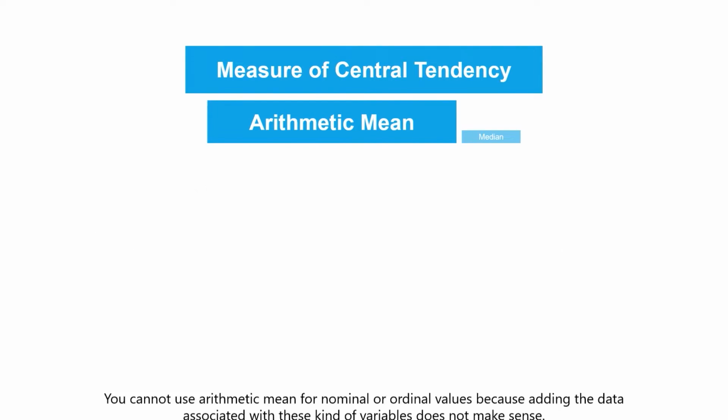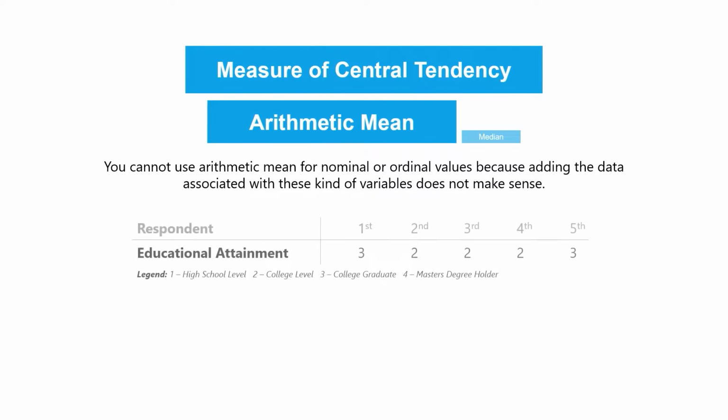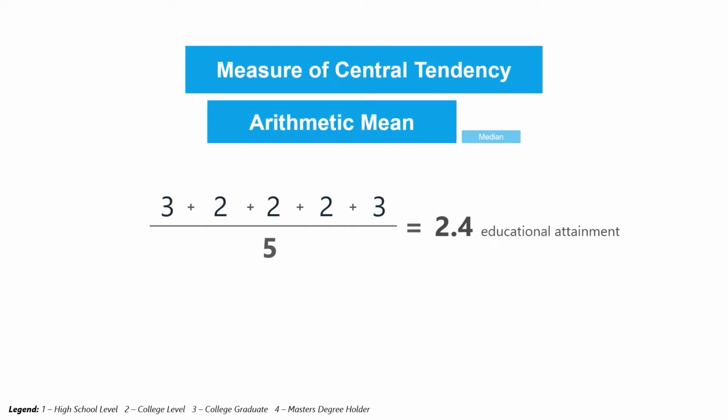You cannot use arithmetic mean for nominal or ordinal values because adding the data associated with this kind of variables does not make sense. For example, consider the educational attainment of a certain sample group. This variable is considered as an ordinal level variable. If we try to describe them using arithmetic mean, the value is 2.4.